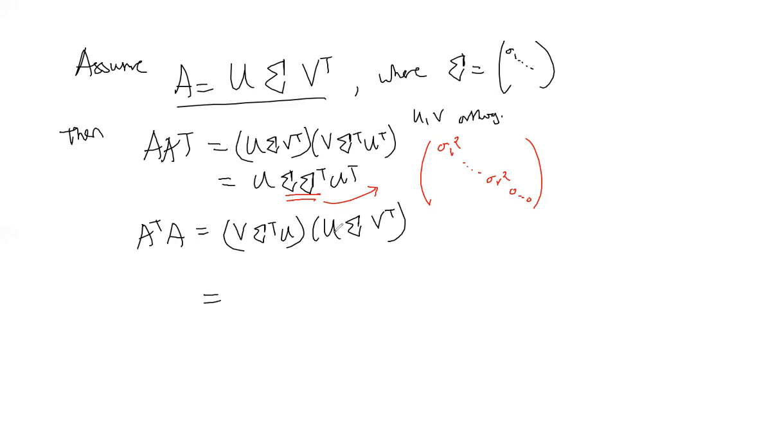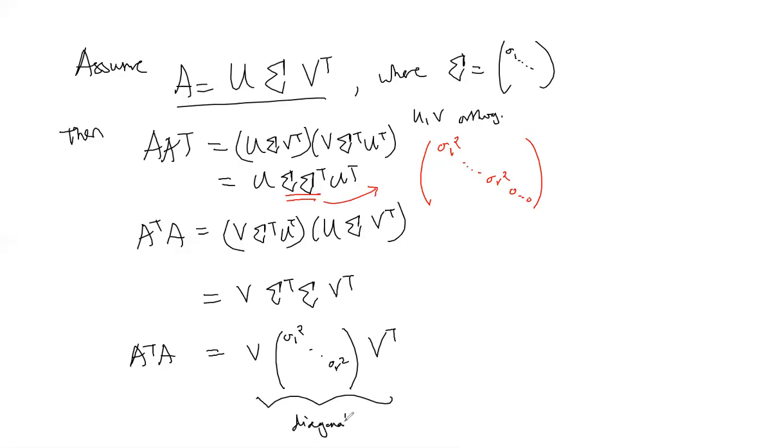And then this should be U transpose. Right, and so on one side you get the diagonalization of A transpose A, and this is the diagonalization of AA transpose, and you see that the diagonal values are the same. So that's maybe the easiest way to see that the eigenvalues are the same, if you assume you have SVD.